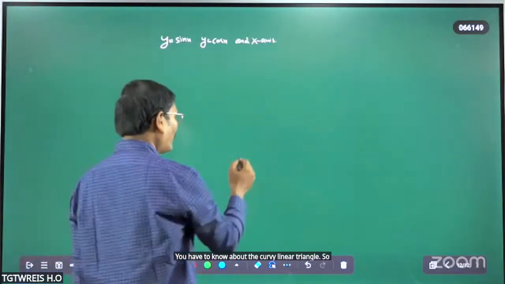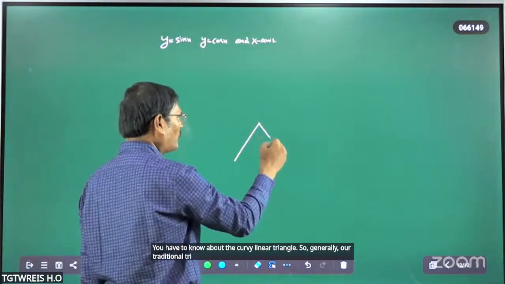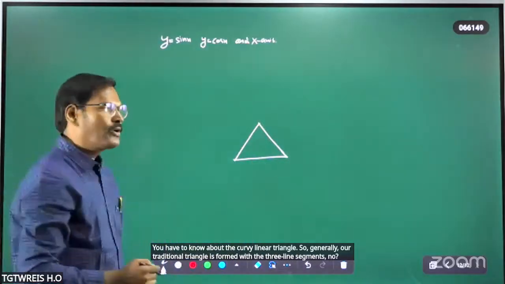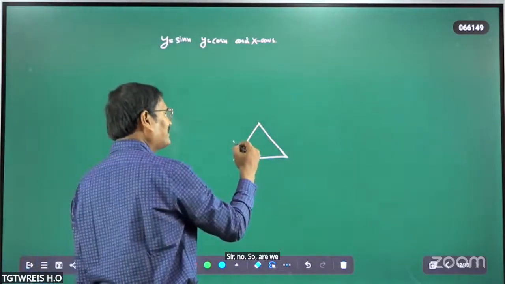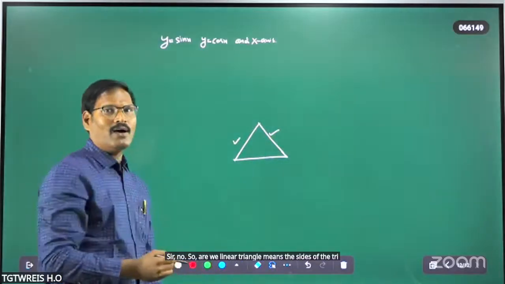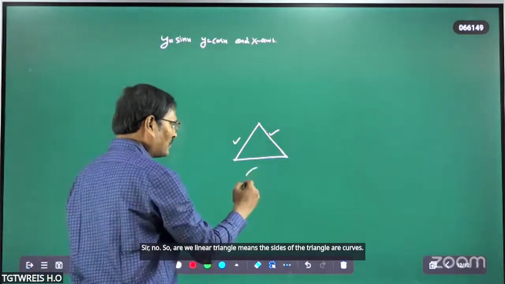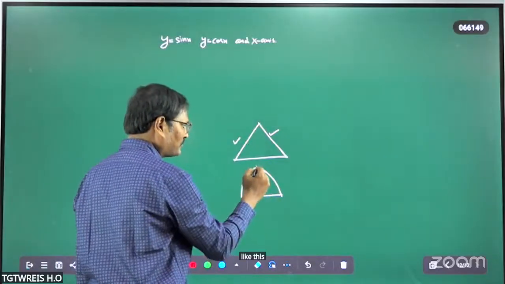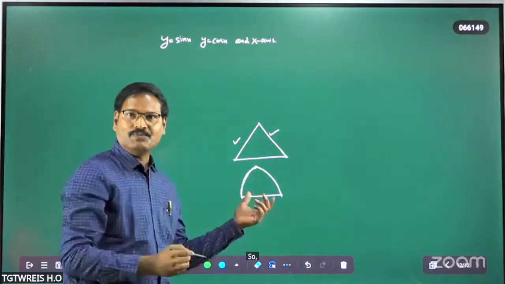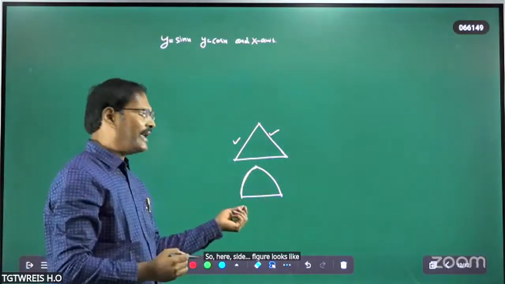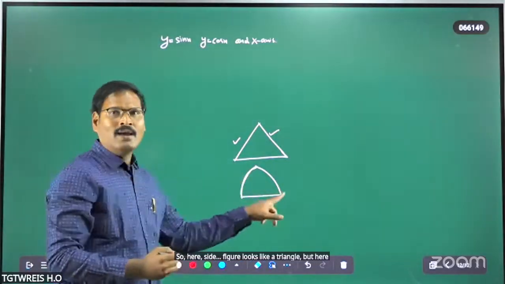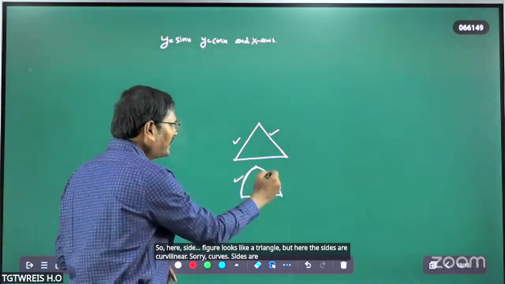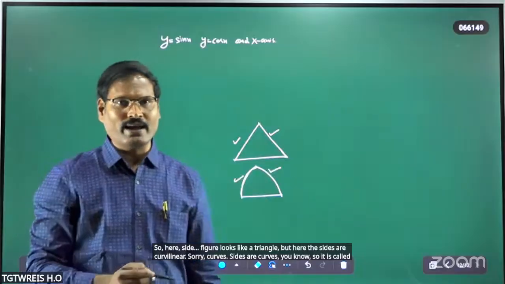Generally our traditional triangle is formed with 3 line segments, no? Yes or no? So curvilinear triangle means the sides of the triangle are curves. Like this. Here the figure looks like a triangle, but the sides are curves. So it is called a curvilinear triangle.